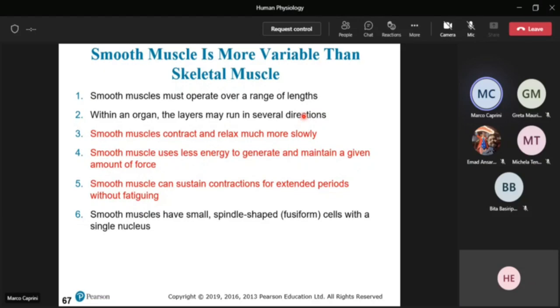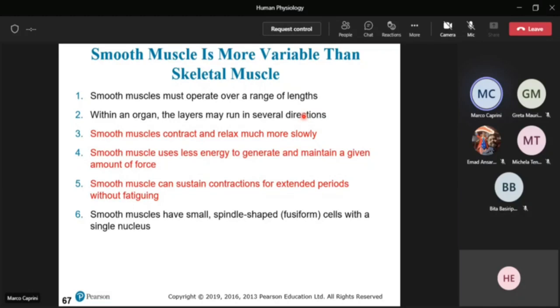Why? To make food, to move food. Okay, to move food, yes, but to move food just one of these muscles is necessary, the one that works like this, like a sausage. If I want to empty a sausage, I just push it, the circular muscle like this, okay, and the food moves. So what is the role of the other, the longitudinal muscle?